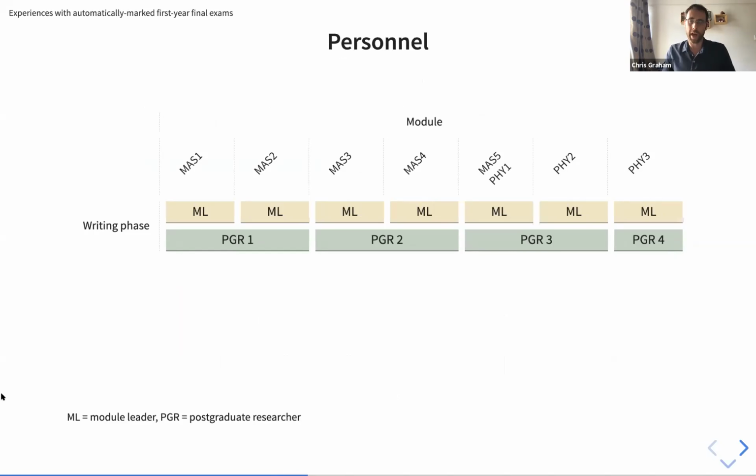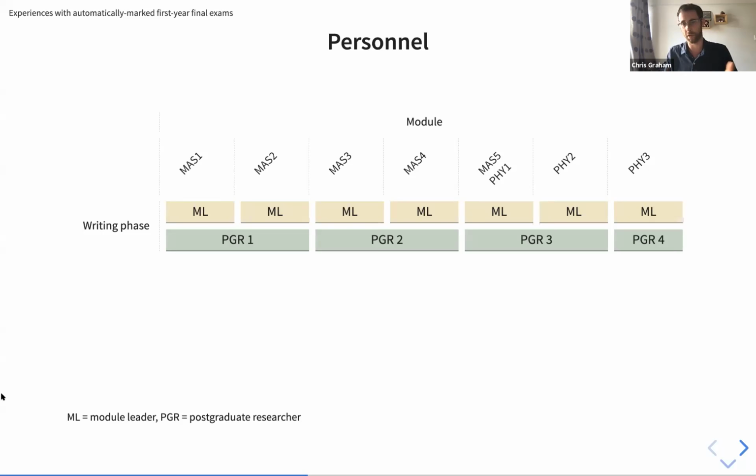What did this look like? Well, I've simplified this picture slightly because it was actually quite messy with the additional modules. Effectively, we had a module leader for each of these modules, effectively 7 of them because of the co-taught ones. And we employed some postgraduate researchers to create content.